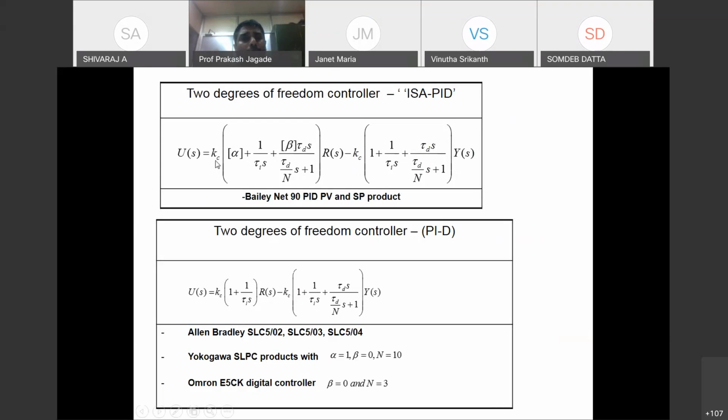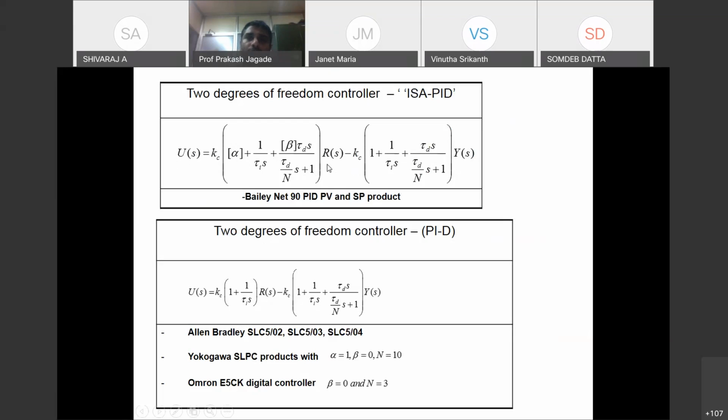Here, capital U of S is the output of the controller, and it is a function of R of S, where R is the set point, and Y of S, the variable which you would like to control, that is the process variable.